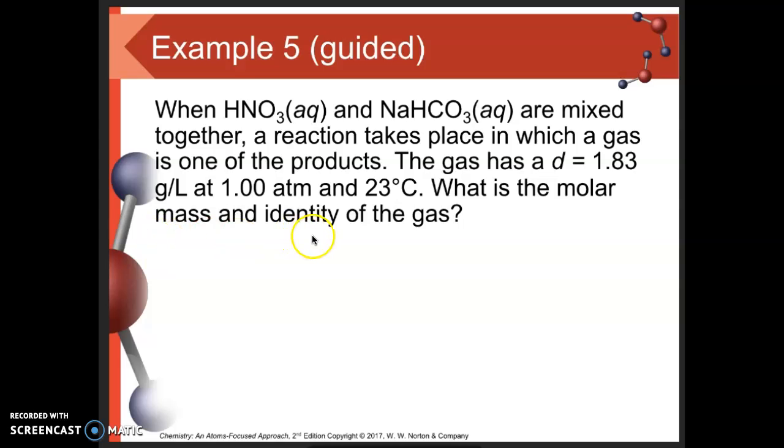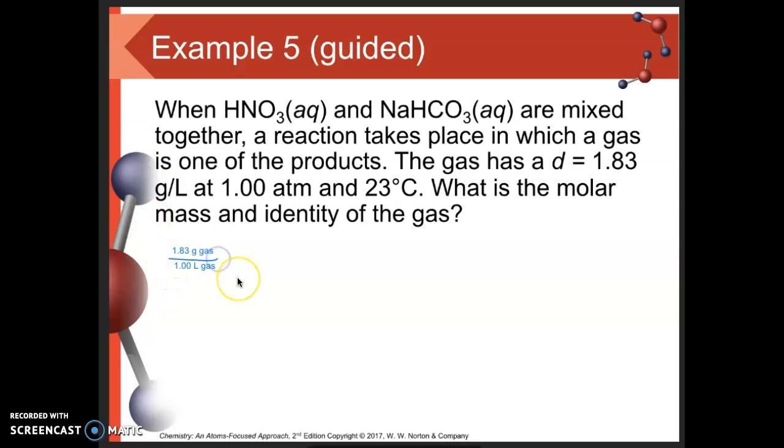So if we take it on from this perspective, using density again, we have 1.83 grams of gas divided by 1 liter of gas. That's our density. That's what we've been given.